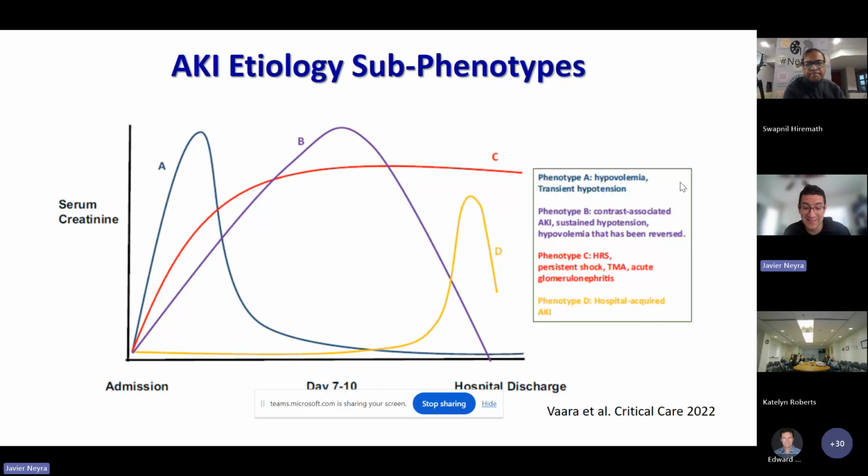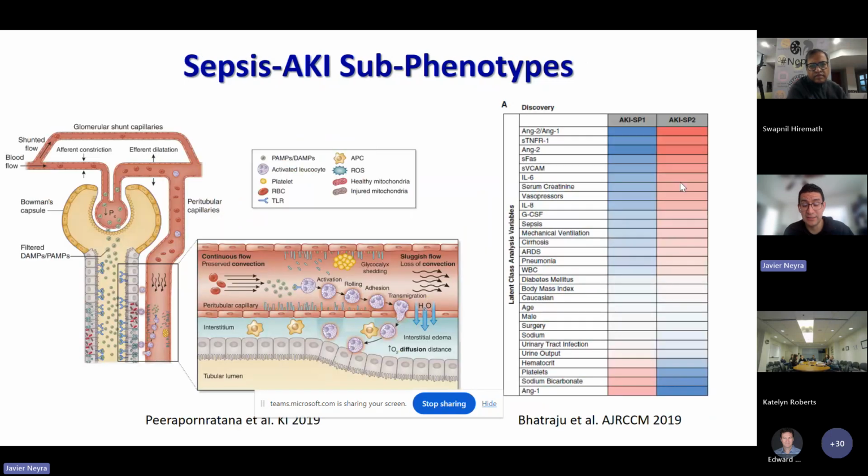The creatinine is on the y-axis here, and on the x-axis is time. And you have patients, let's say in red, with hepatorenal syndrome, when you have a persistence of severe AKI, that if the patient has really HRS AKI type 1, you will need to offer these patients a transplant for them really to be able to recover that AKI. Now, multiple phenotypes based on etiology.